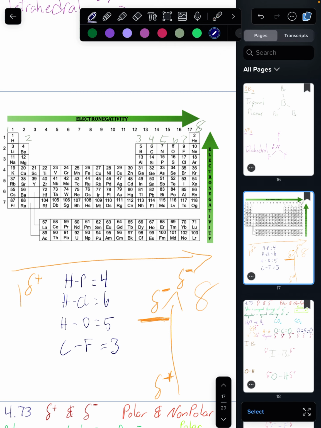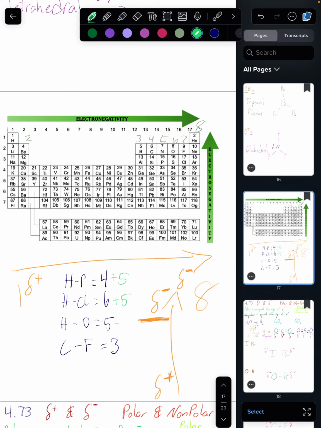Now we're doing it this way. So, our hydrogen to our phosphorus. That is 1, 2, 3, 4, 5. So it gets +5 to it. Now chlorine, same line, a +5.